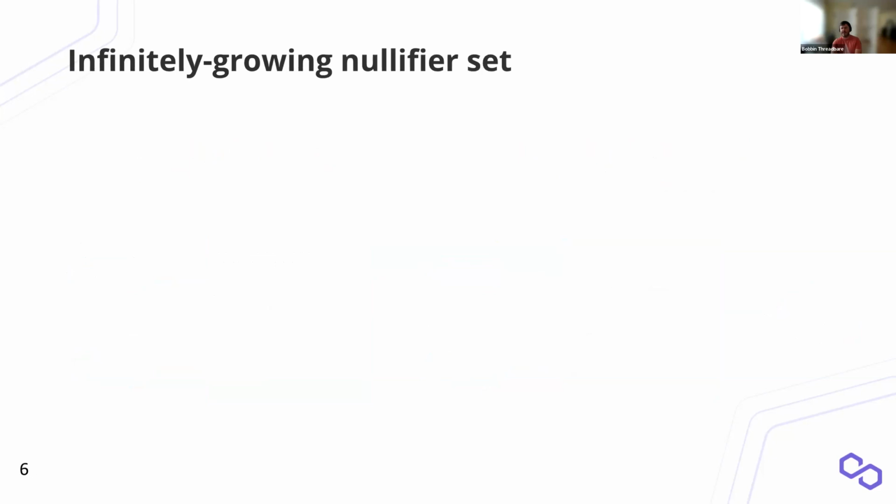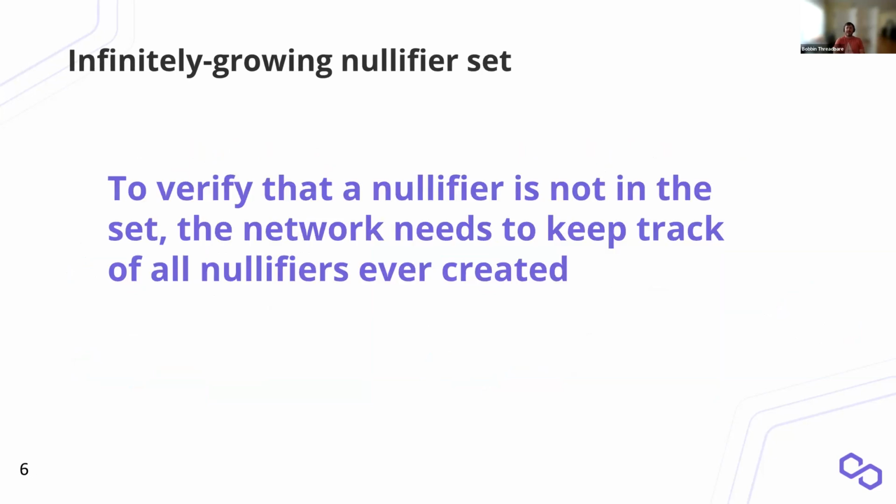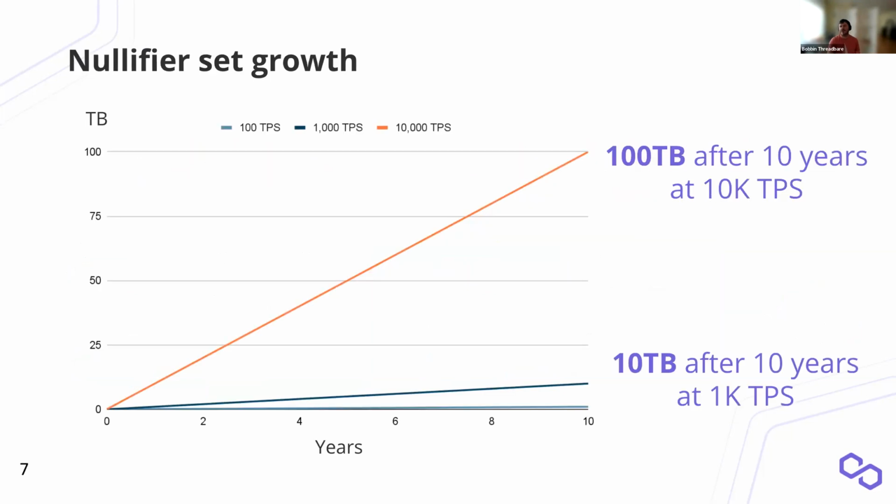As I mentioned, this works fine, but it leads to one big problem: the nullifier set is infinitely growing. The reason is that to verify that a nullifier has not been seen previously, we need access to all nullifiers that have ever been created. In some contexts, this is not an issue.